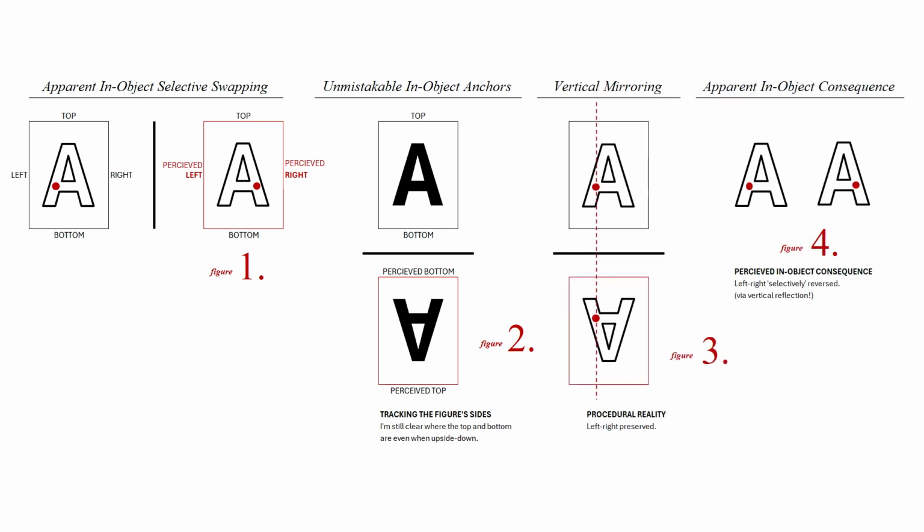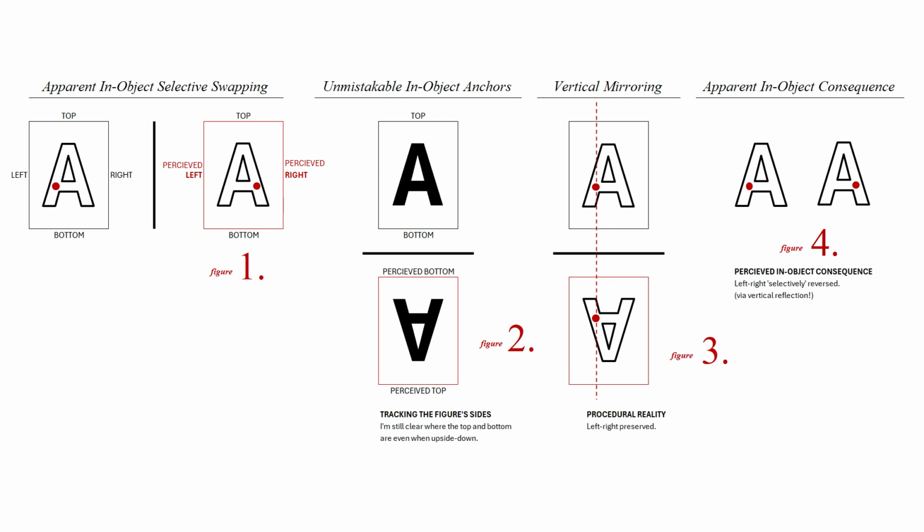Figures 3 and 4 are the money shot inasmuch as they dramatize the difference between reversal as procedure and reversal as consequence. I'm using the term money shot against my better judgment to try to really draw attention to this figure. Look at the vertical mirroring that produces figure 3. The dotted line is meant to clarify the procedural reality.